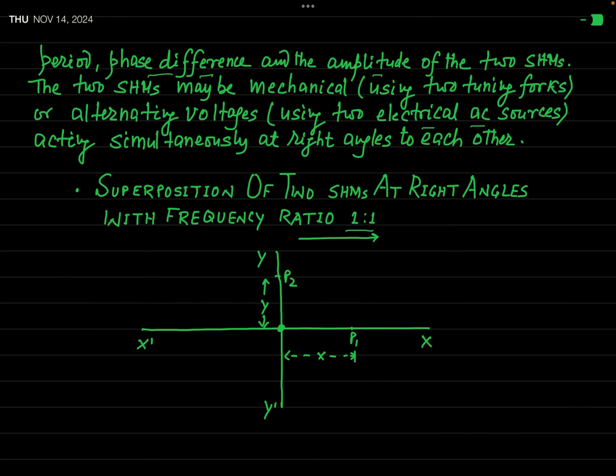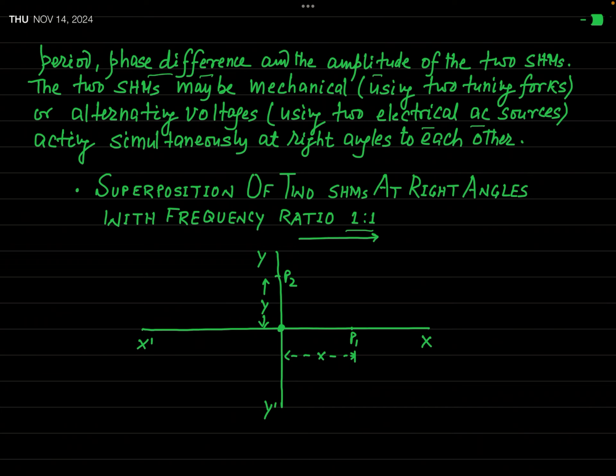It means the superposing SHMs have equal frequencies or equal time period. Although their amplitudes and phases will be different, the frequencies or time periods are the same. Then how can we analyze the superposition of two SHMs acting at right angle on a particle?